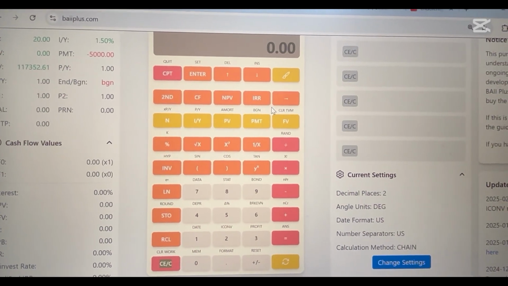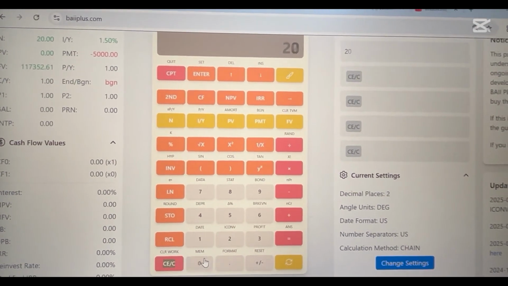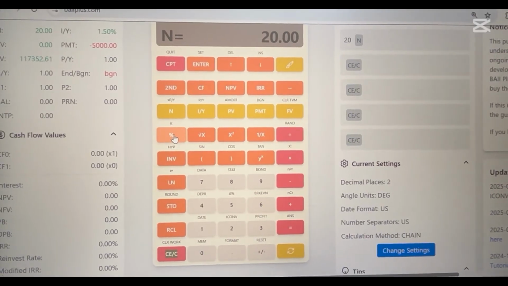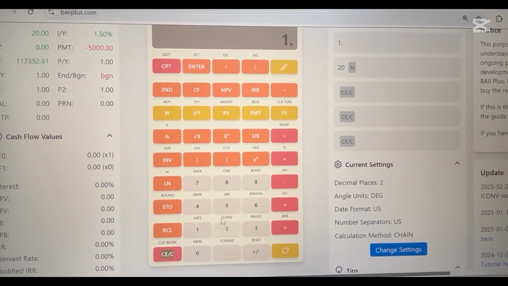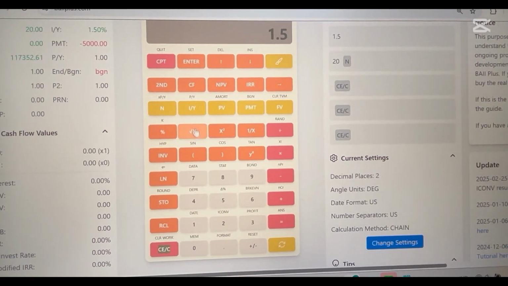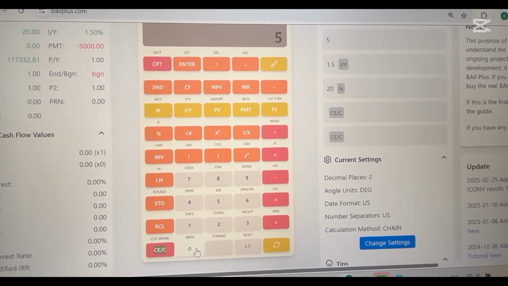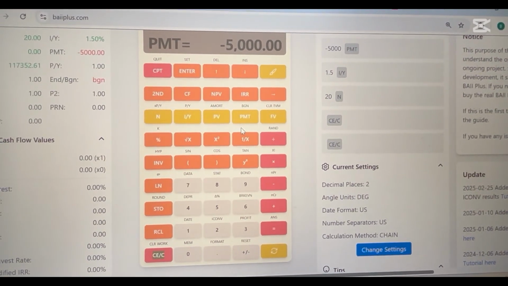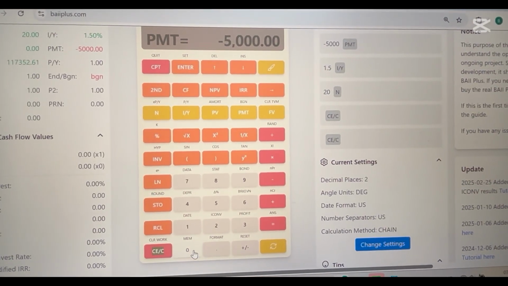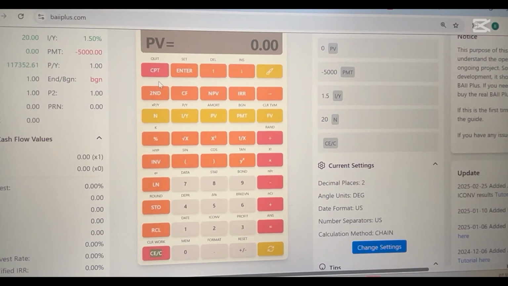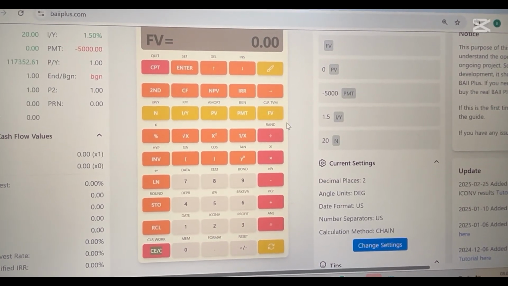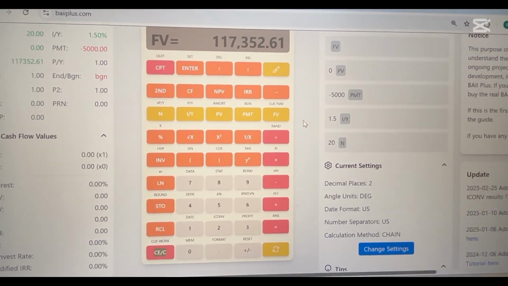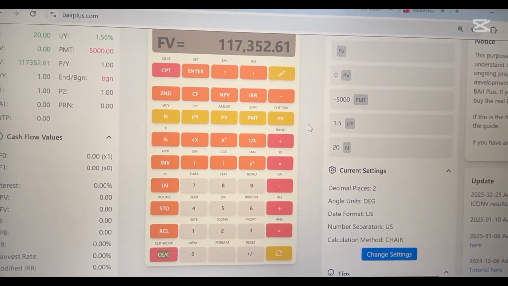Okay, so first, we enter 20 as n because 5 years multiplied by 4 quarters, then 1.5 as the interest rate per period, then negative 5,000 as PMT since it is money received, then press 0 for present value, then lastly press CPT and future value, then we get the answer $117,352.61.